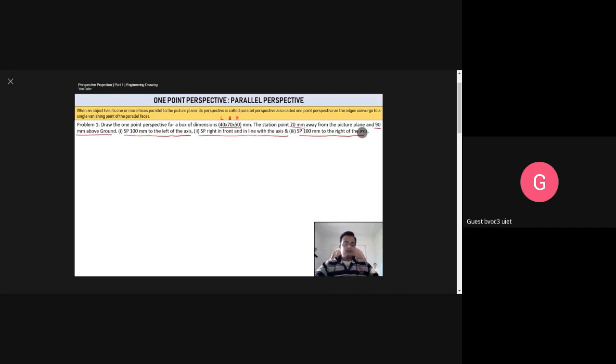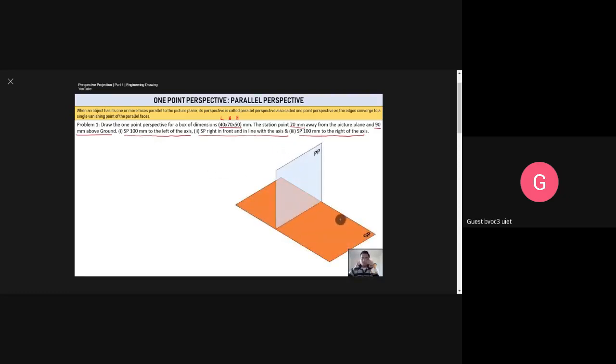Let me just show you how the object has been placed with respect to the picture plane and the ground plane. Let's take a look at this initially, and then we can make the drawing, no problem. Everything will fall in place. Here it is. Ground plane, picture plane, you know this. This over here is the ground line, which can be seen from the front.